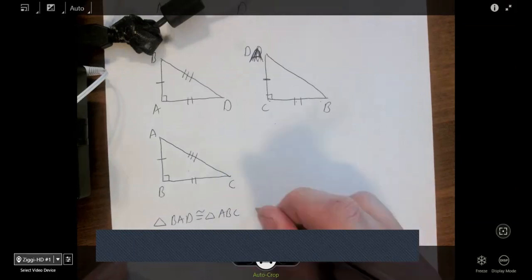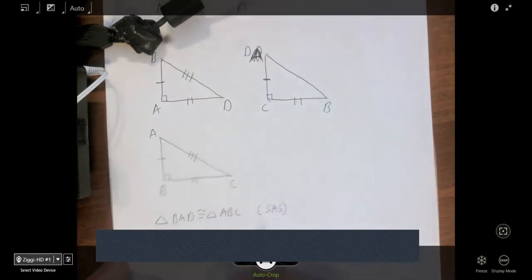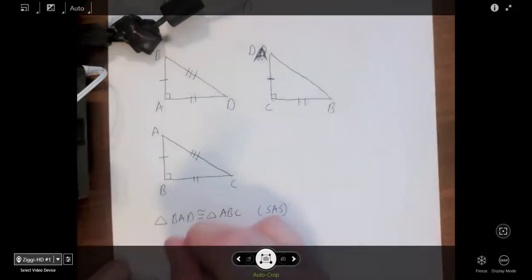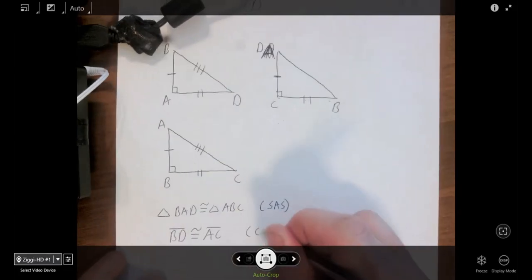So if this is true because of side angle side triangle congruence, then we know that segment BD is congruent to segment AC, and that reason is because corresponding parts of congruent triangles are congruent.